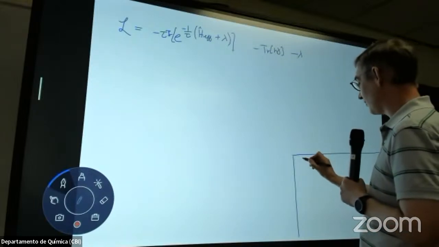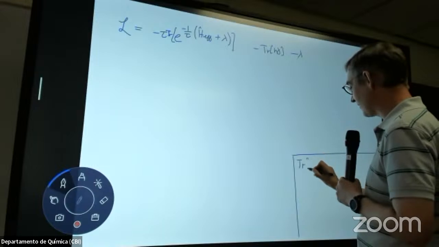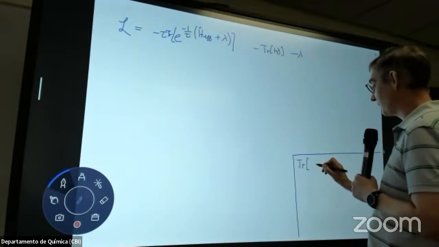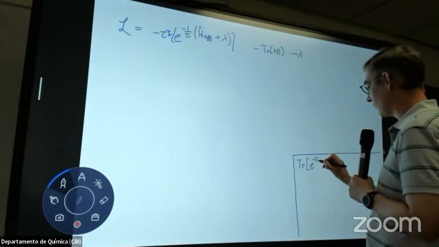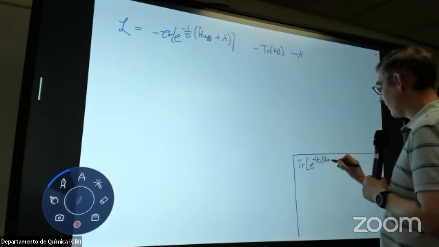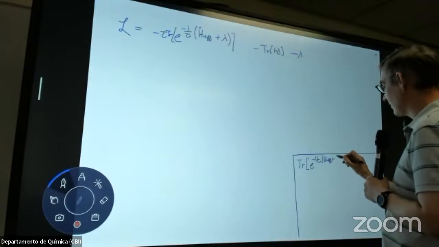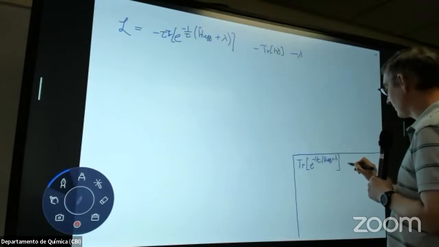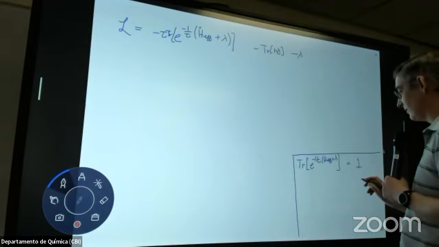Now I wanted to use the fact that the trace of e to the minus 1 over tau of h effective plus lambda equals 1.